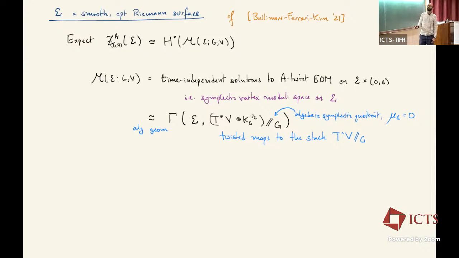So roughly it wants to be maps, holomorphic maps or algebraic maps from sigma to this algebraic symplectic stack. But there's a twist by the square root of the canonical bundle that shows up, which is why I'm saying sections. Now, if you want, you can treat the whole mapping space or the whole space of sections as a stack.